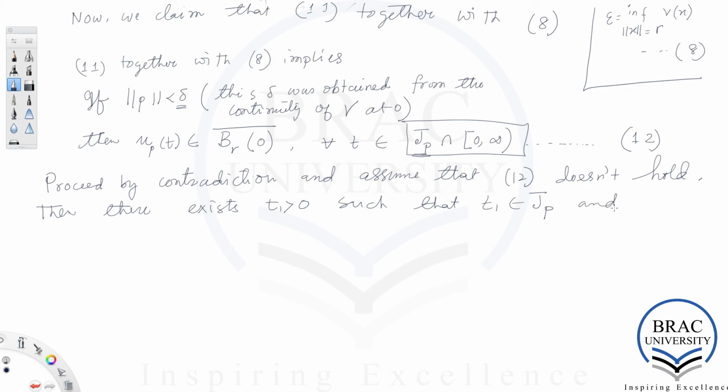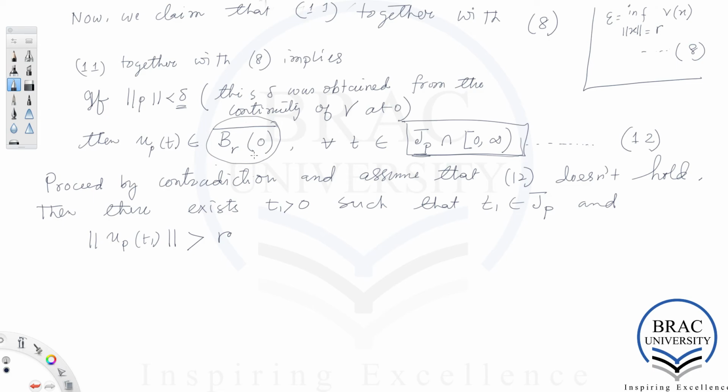And the norm of UP at T1 is going to be greater than R, which means that we will be out of this closure. So 12 tells us that for all time in this intersection, all the solutions will belong to this closure.